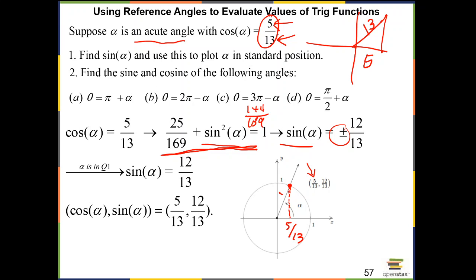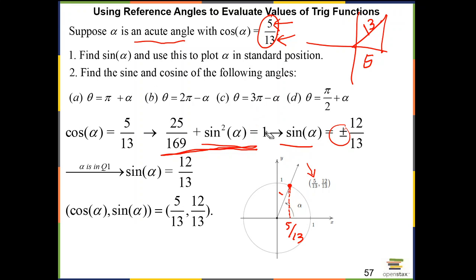Sine squared equals that, and taking the square root of both sides, we get that.